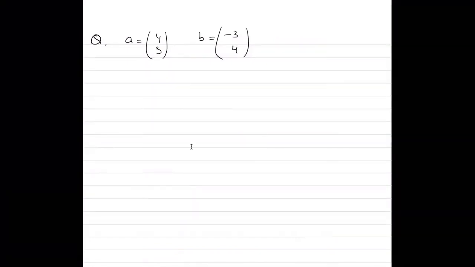Okay. If I give you A as 4, 3 and B as -3, 4, okay, I want you to find the magnitude of A, the magnitude of B, and the vector A minus B. This is part A. This is easy, right?